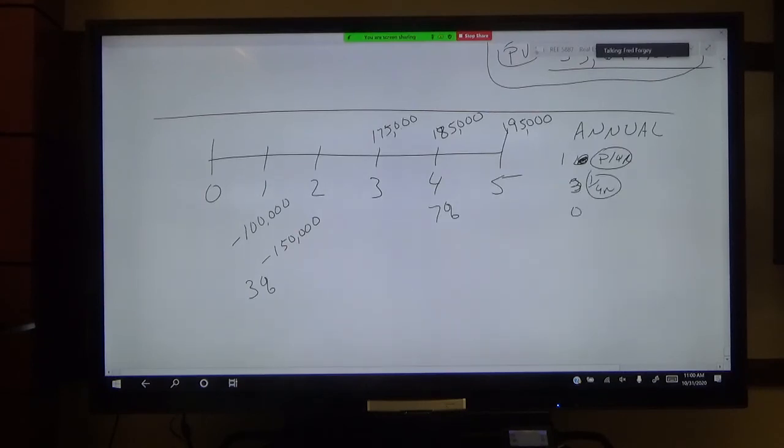Then we would put in 0 as a cash flow. Then we would put in negative 100,000 as a cash flow, and negative 150,000 as a cash flow. Then we would simply solve for net present value. Okay, start with that.